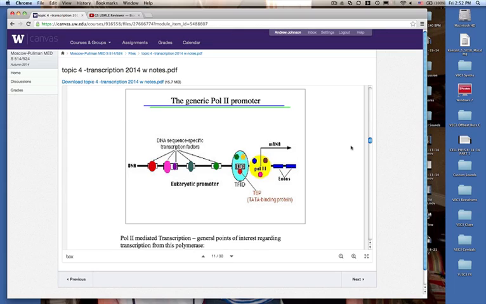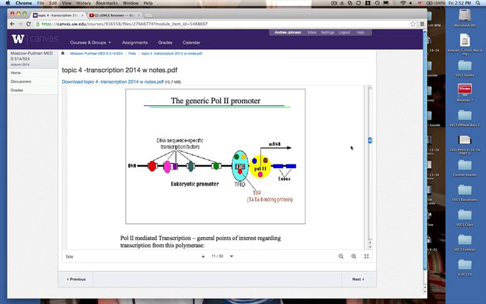Upstream is the sequence that is 5' to the transcription start site, because remember, polymerization is always going to be 5' to 3'. So to the left, upstream is 5' to the transcription start site.